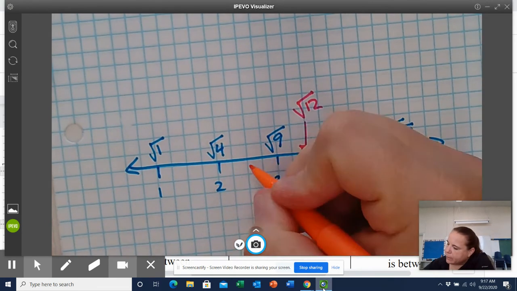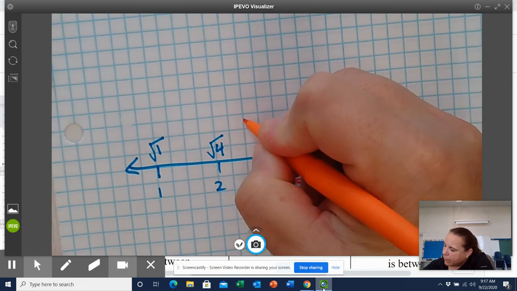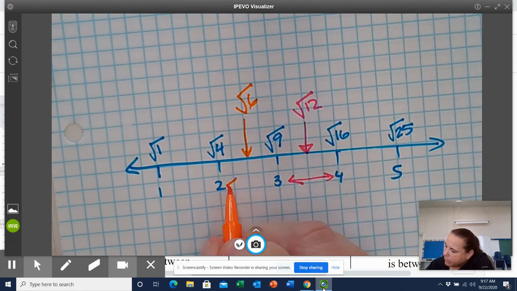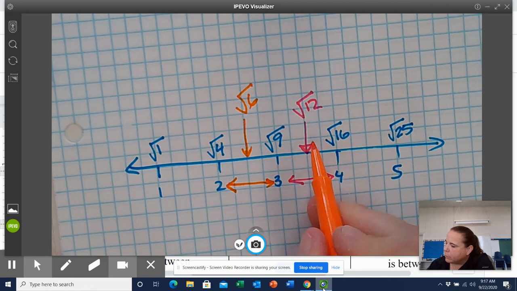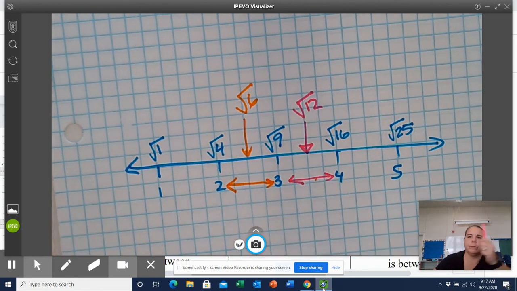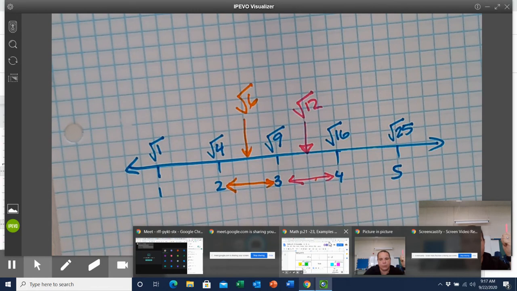Well, the square root of 6 is between the square root of 4 and the square root of 9. So it's going to be pretty close to the middle. It's between 2 and 3. So we can add that into our notes.